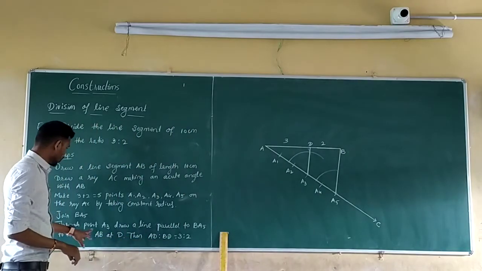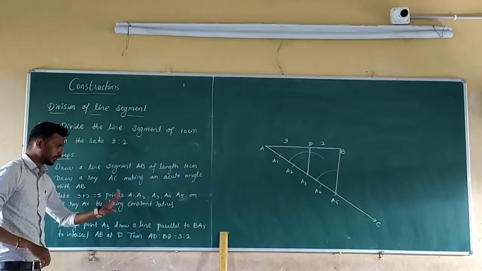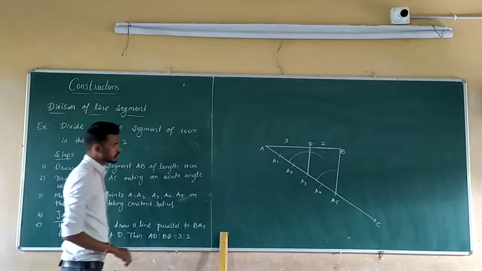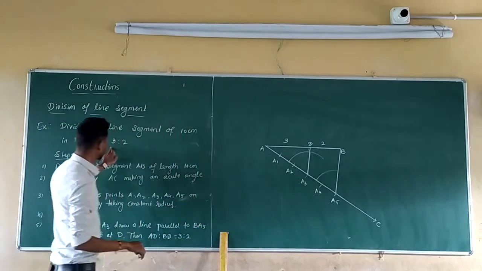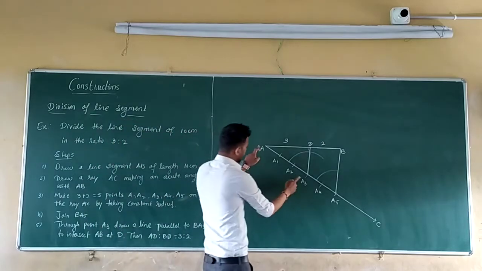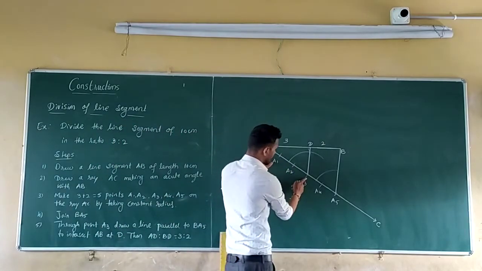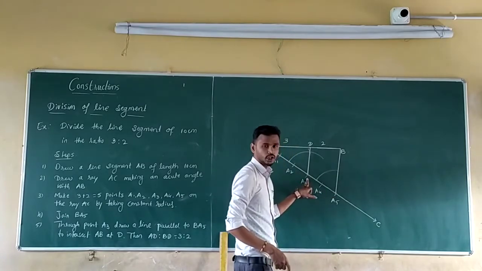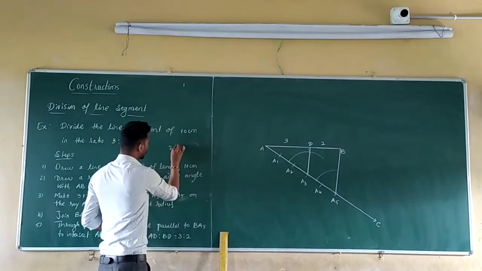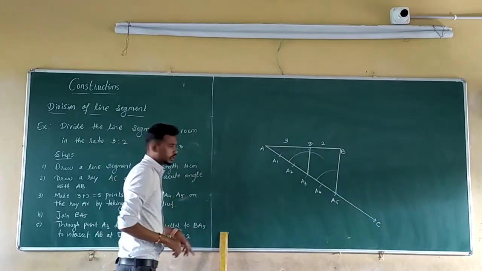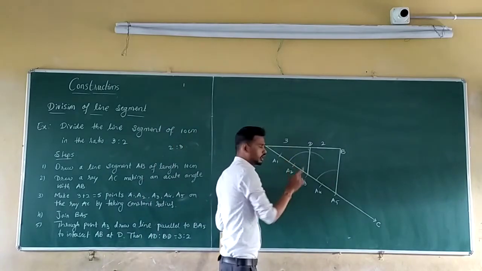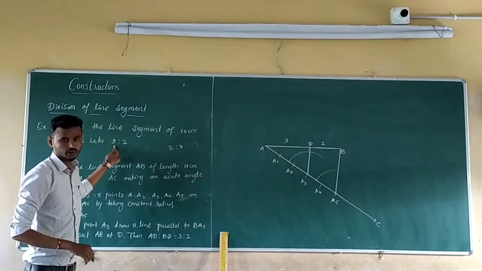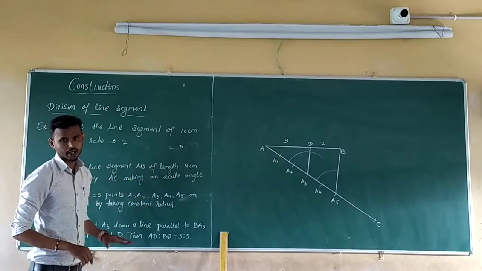So here, through point A3, draw a line parallel to BA5. Why through point A3 only, you can ask? Because the given ratio is 3:2, which means 1, 2, 3: this will become 3 parts and this will become 2 parts. So at the point A3 only you should take. If they give 2:3, then you should draw the parallel line at the point A2. So you need to see what the given ratio is, and according to that, draw the parallel line.